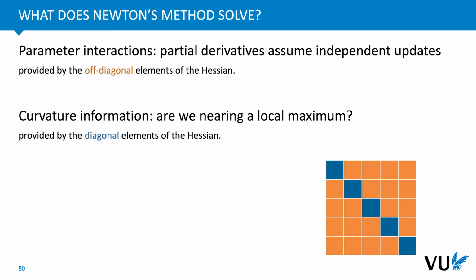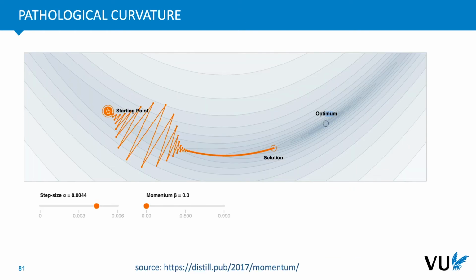On the diagonal, we get information about whether or not we are nearing a local minimum. If you think back to the slide with the second order approximation, as we go near the minimum, we see that the second order approximation curves towards this minimum, and it tells us to start slowing down because a minimum is approaching. Here we see both options in one picture.